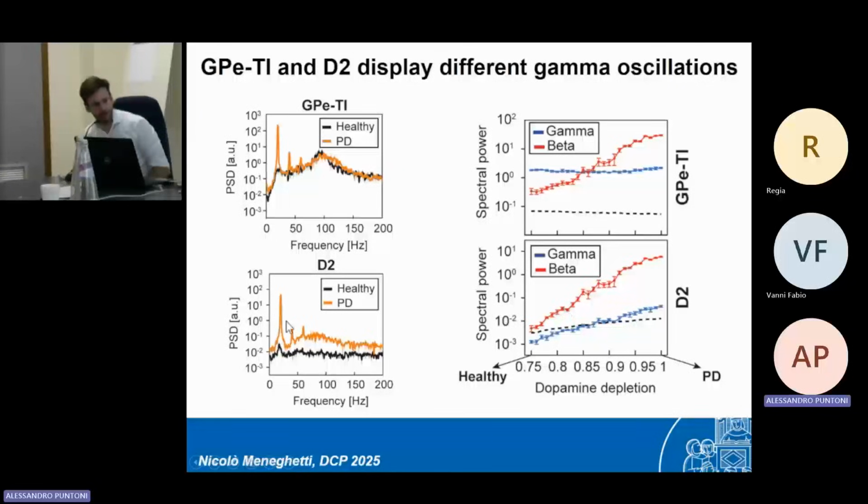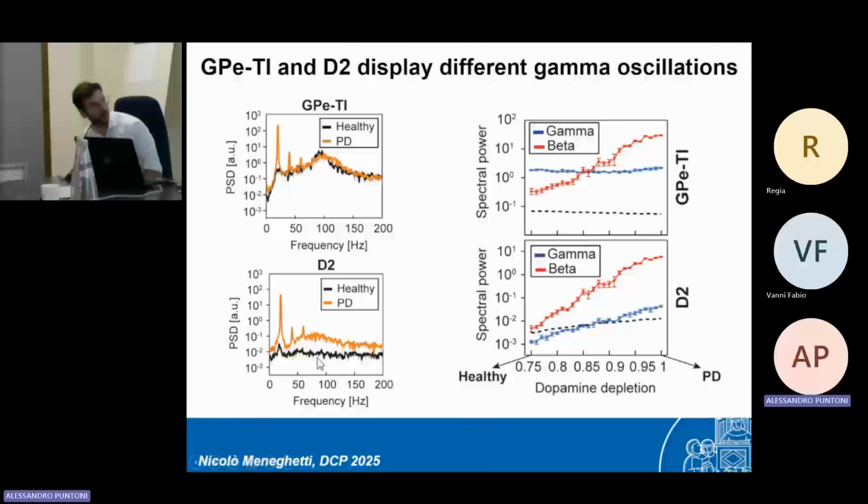Instead, in the striatum, when we transition from healthy to Parkinson's disease, we again observe, as a sanity check, the increase in beta oscillation, and here gamma also increases, and along the way between healthy and Parkinson's disease it crosses the threshold of statistical significance.